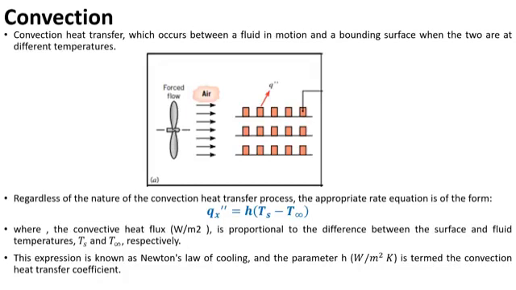When the air particles come in contact with these blocks, they will gain energy, due to which their temperature increases. As the temperature of the air particles increases, their density will decrease, due to which they will move upward, and the particles which are upside will move downward, because their density is higher than the hot particles.